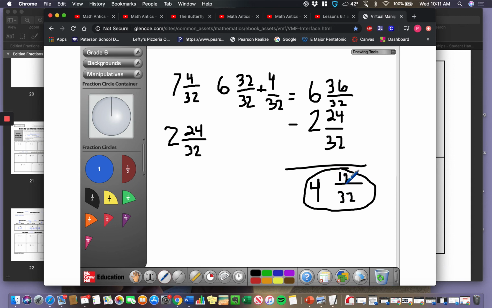Now, if you wanted to simplify this, that is completely possible. You'd have to take the greatest common factor and divide it. So the greatest common factor between these two numbers is 4.